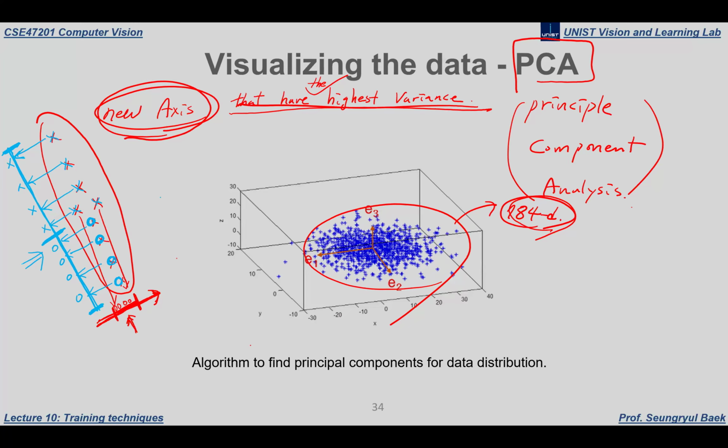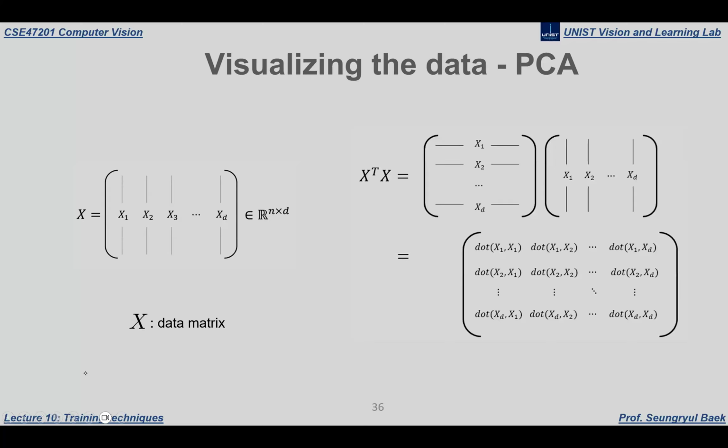So when seen from this axis, this could be easily seen, but when seen from this axis, all the X and circle samples are mixed.